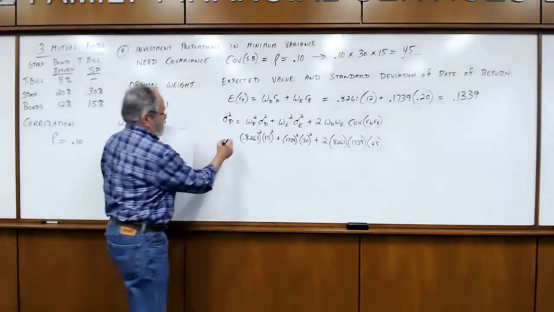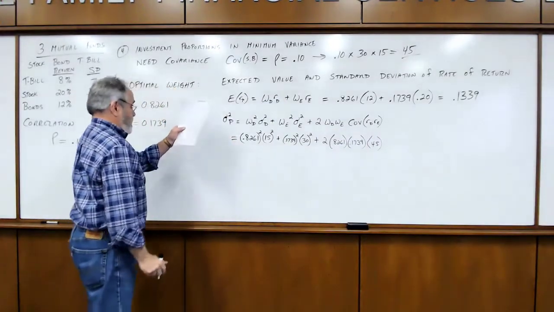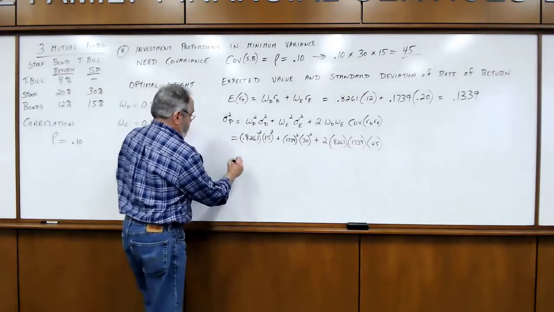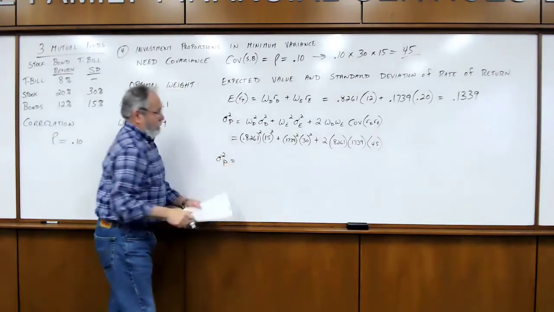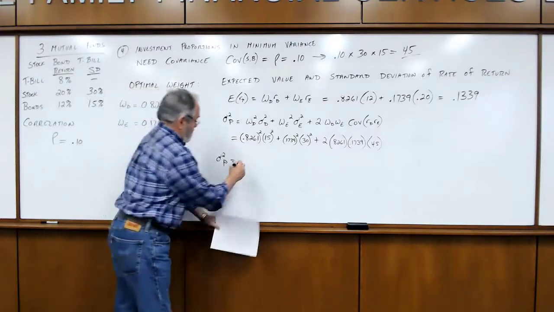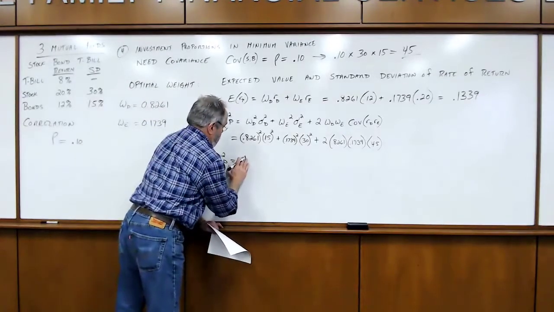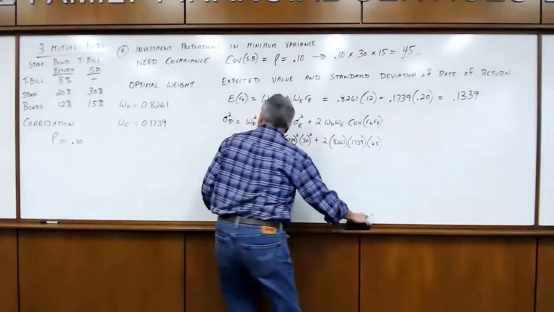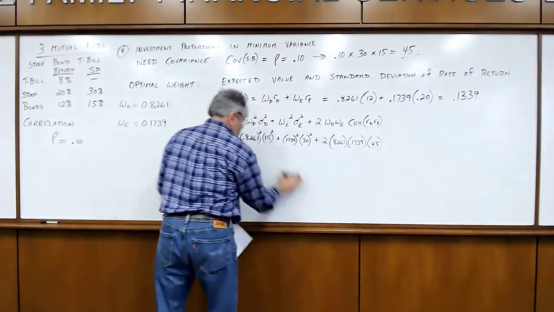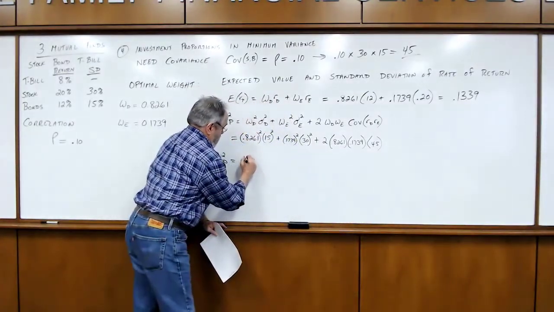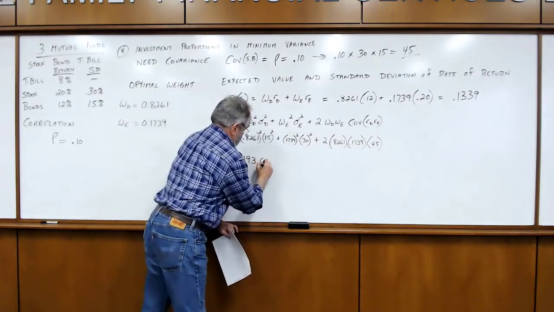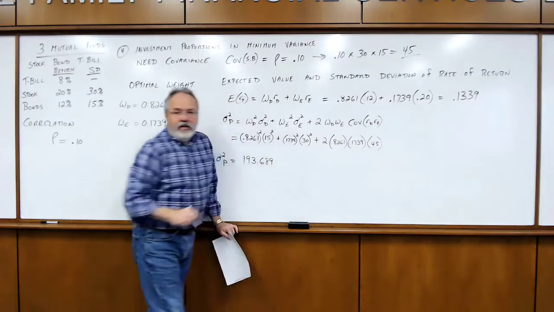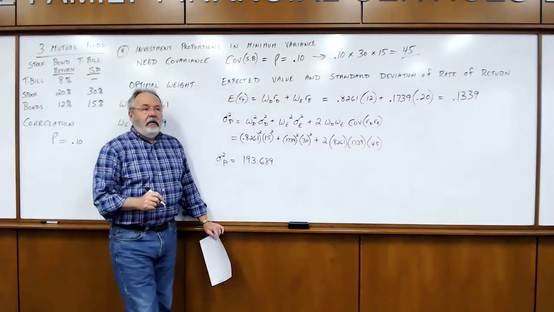Okay, this is this. So we have sigma squared portfolio becomes 193.689, right?